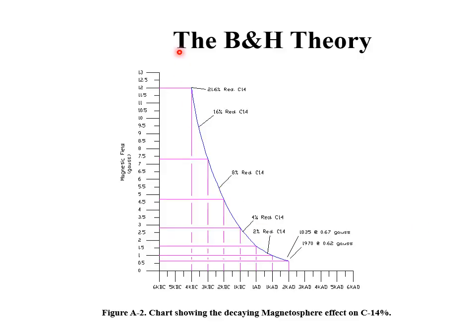Okay, so what we just saw was the graph of the measured strength of the magnetosphere over 186 years. Now here's the graph when you add to that the time for the archaeomagnetic rocks.